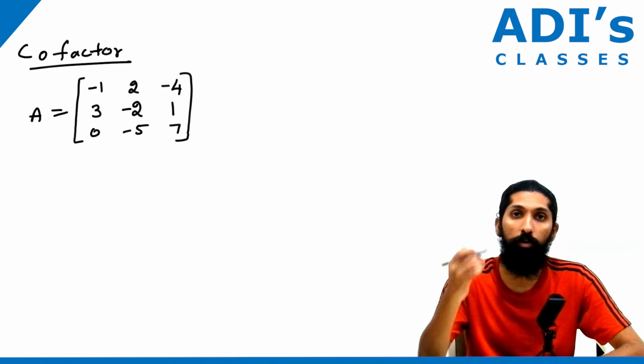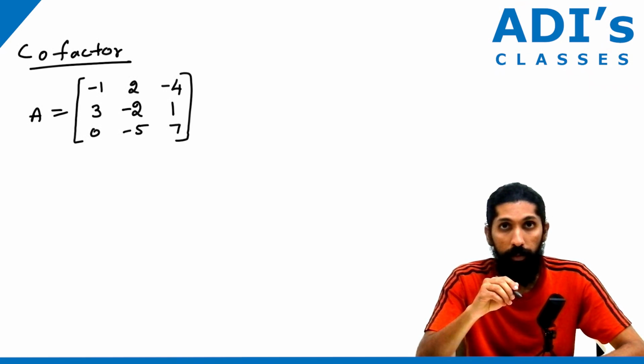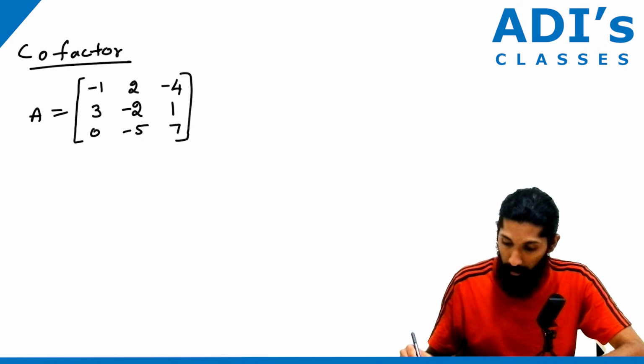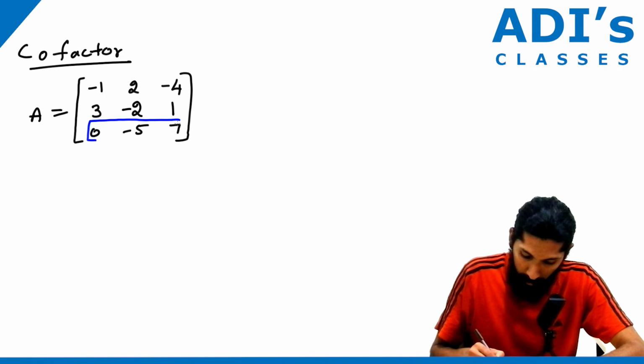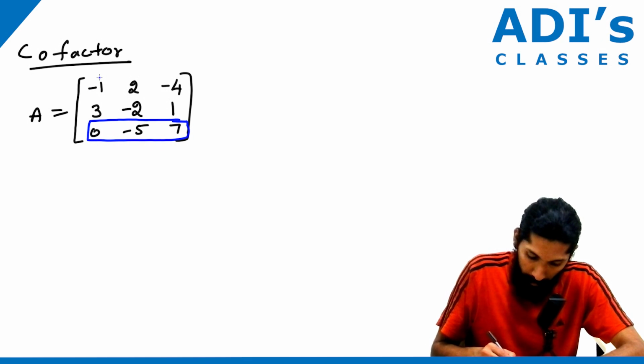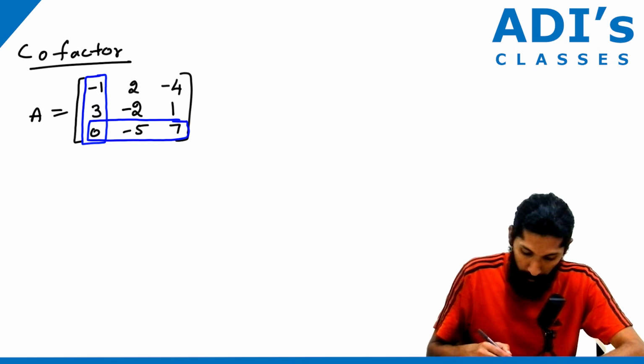To calculate the cofactor, first you have to consider the minor of that particular element. That means we do not consider this row and this particular column. We just consider the rest of it, correct? So now what do we have?